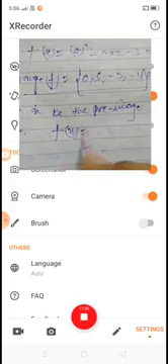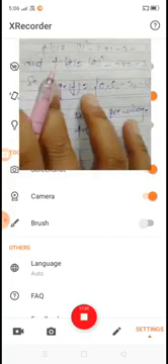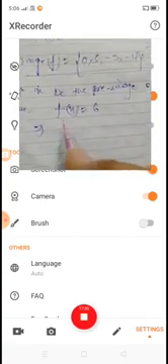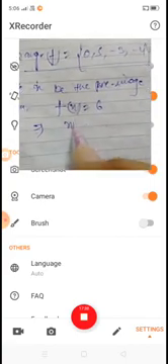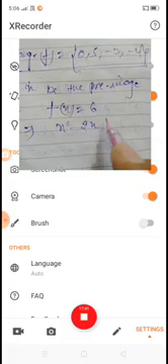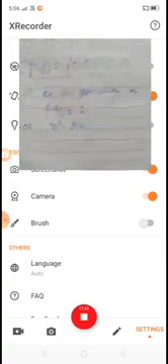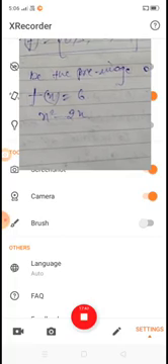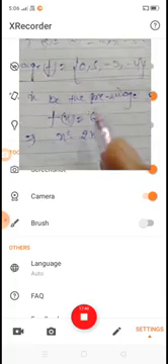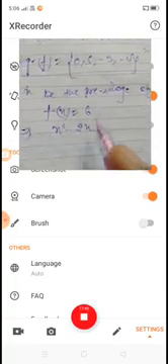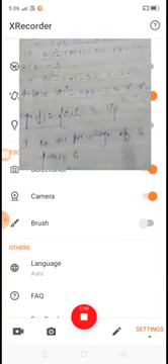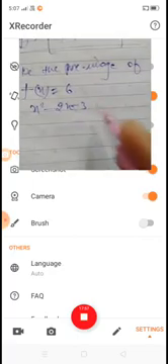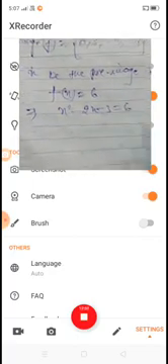So x square minus 2x minus 3 is equal to 6.